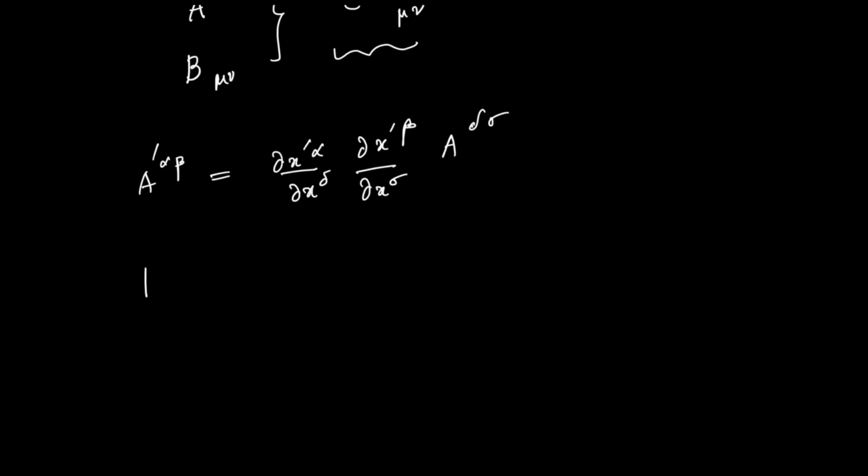And if B mu nu transforms like B prime mu nu is equal to partial derivative of x lambda with respect to x prime mu, x rho with respect to x prime nu, B lambda rho.